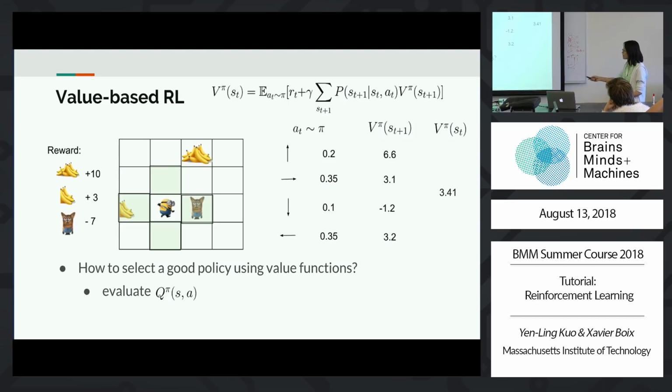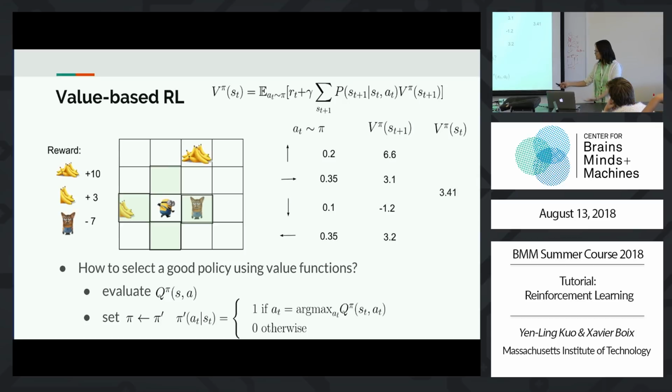Once we have filled out all the expected rewards for each of the cells, we can take a step to select the policy based on the Q values I know. So I choose the action that has the better expected reward from my current estimation, and then I get a new policy.